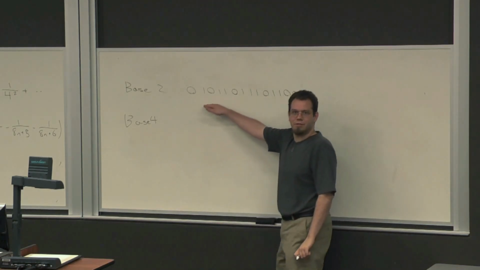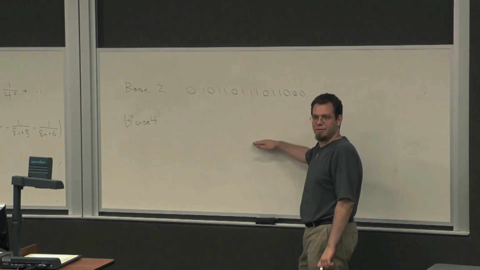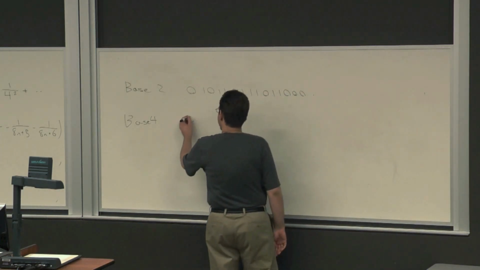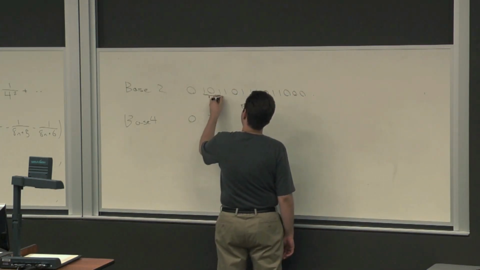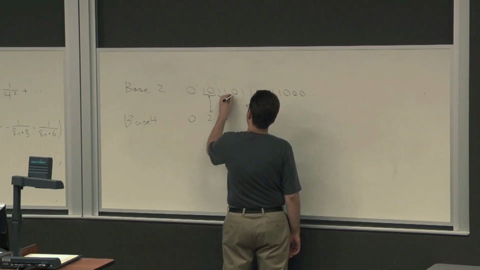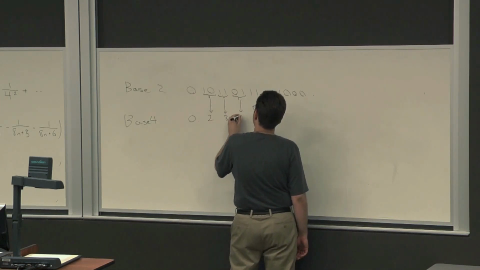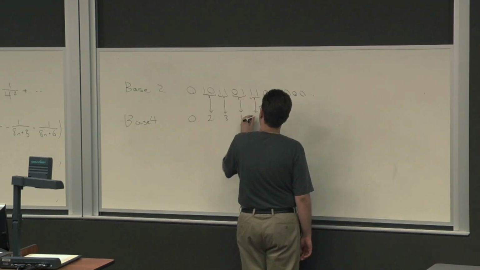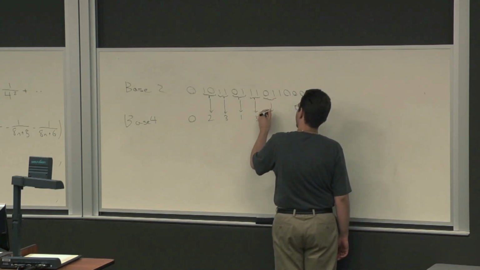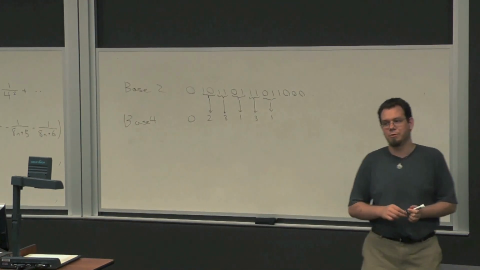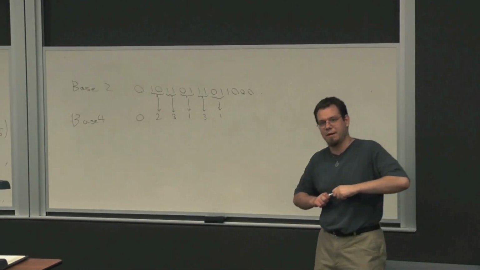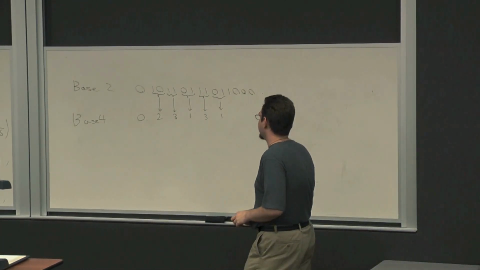Okay, so say you have a base 2 expansion that looks like this. How do you get the base 4 expansion? Turns out, pretty easy. So there's this very natural way of going back and forth between the base 2 expansion and the base 4 expansion, and for roughly the same thing.